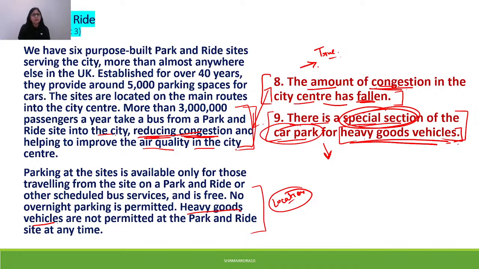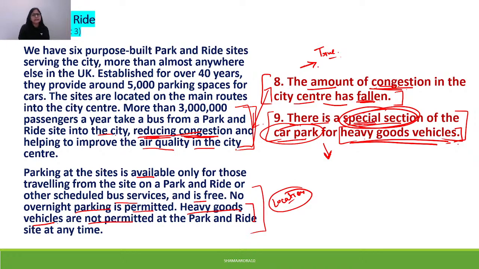Now parking at the sites is available only for those traveling from the site on a park and ride or other scheduled bus services, and is free. No overnight parking is permitted. Heavy goods vehicles are not permitted at the park and ride site at any time. So what is being said here?